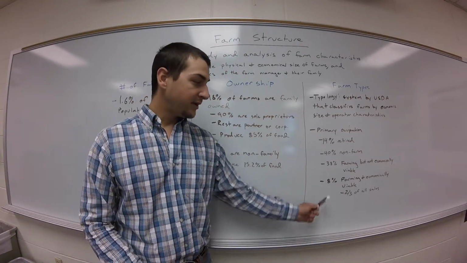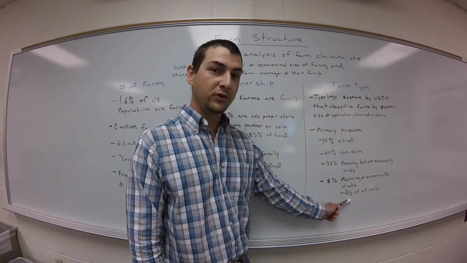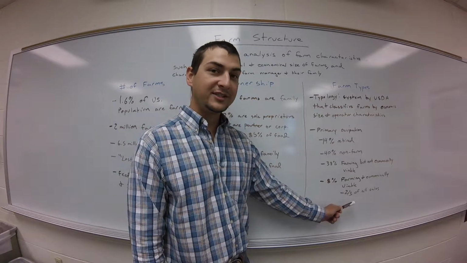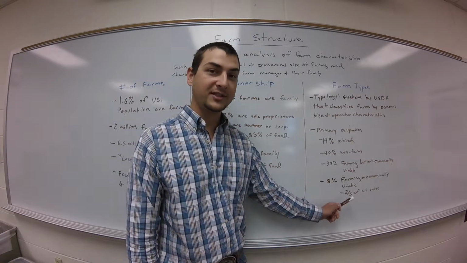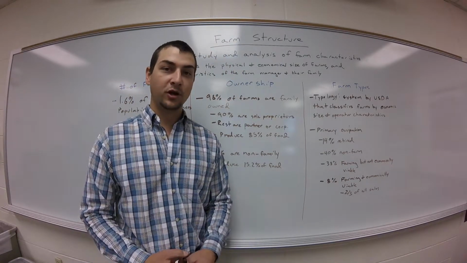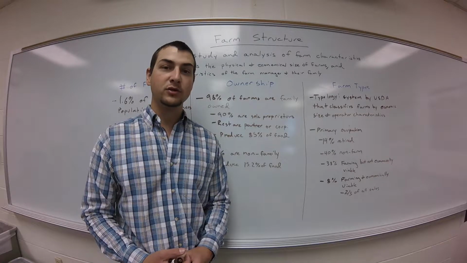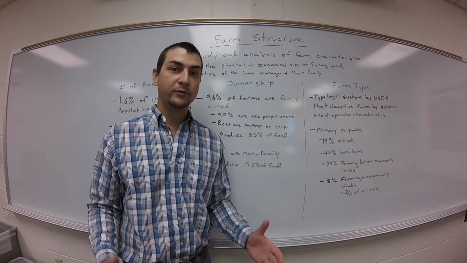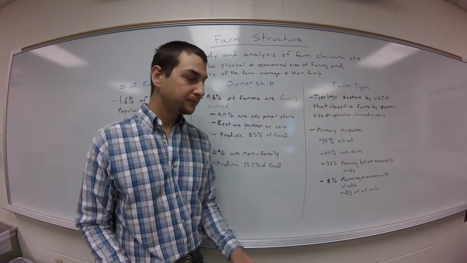That means that we have 8% of the farms generating 2/3 of all of the sales. That is an amazing amount. It means that a lot of these farms just aren't large enough to generate much sales, but when you get into those large farms, they become exceedingly larger.